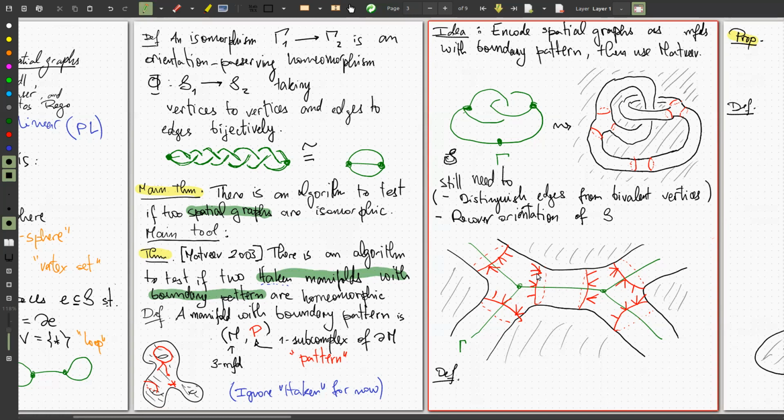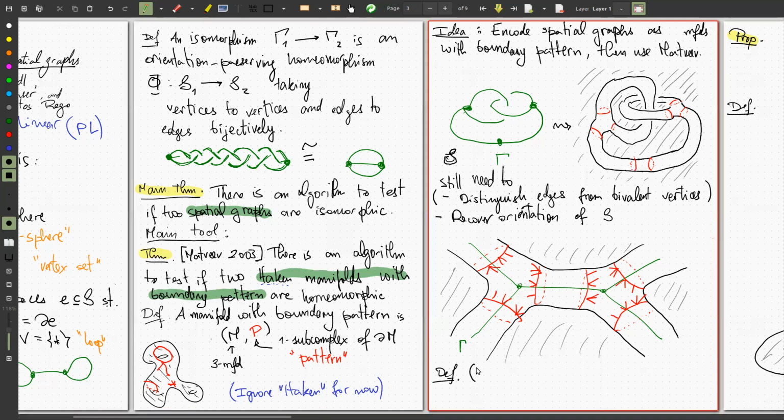But it's cool that this little trick solves 2 problems at once, right? Because we make it so it points to the vertex regions, and so then we can directly tell where the vertices and the edges are, and they allow us to recover the orientation of S. So this manifold here, obtained by looking at a complement of the graph and then putting this pattern on the boundary, this is what we call the marked exterior.